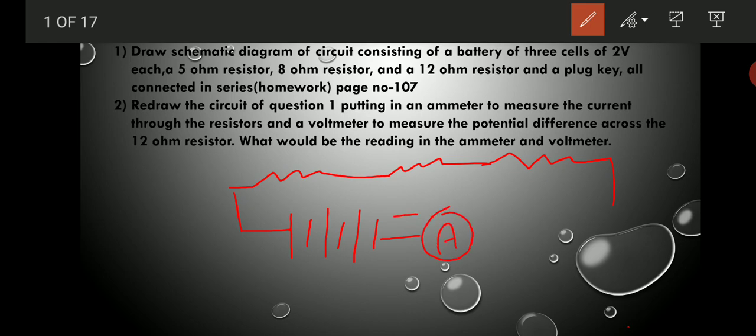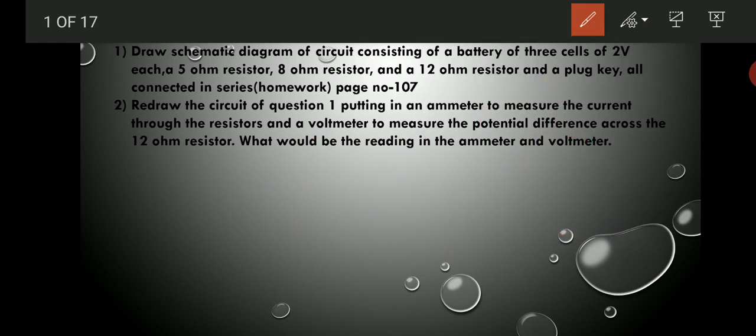You write the terminals also. Now, the voltmeter is always connected in parallel, right? Here we have 5 ohm R1, 8 and 12. So the potential difference is only across the 12 ohm resistor. At this point you have to find the potential difference. I hope the diagram is understood.